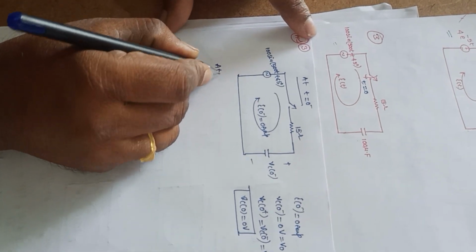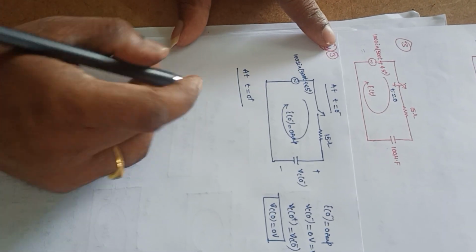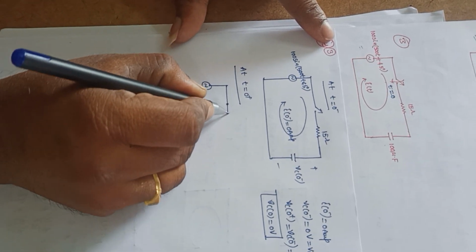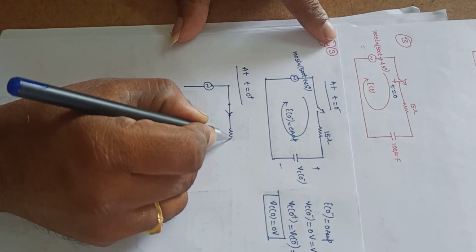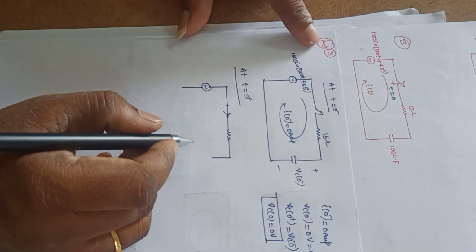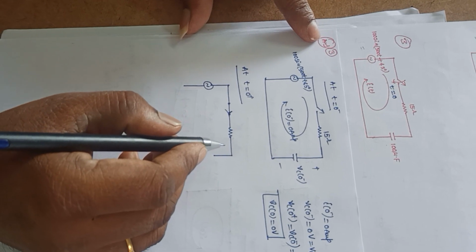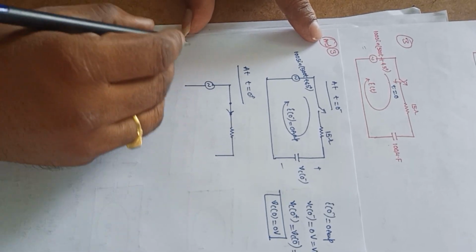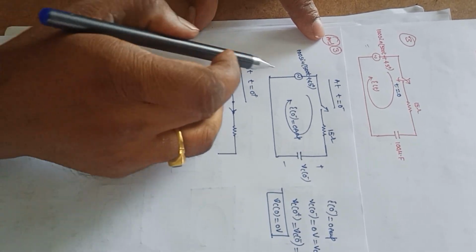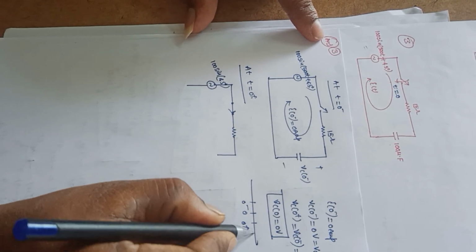Next, at t is equal to 0 plus, draw the circuit. It is this one. The switch is closed here, and the initial voltage across the capacitance at t is equal to 0 is 0 volts, so this voltage here is 100 sin 45 degrees.